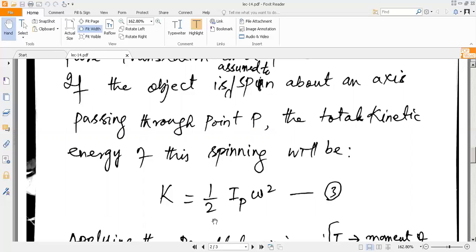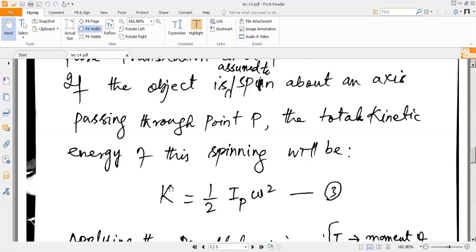Here in the spinning motion or rotational motion, we will be having an equation of this type. Here Ip has replaced m and omega has replaced v.